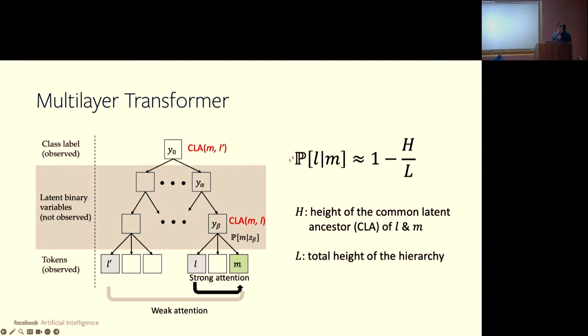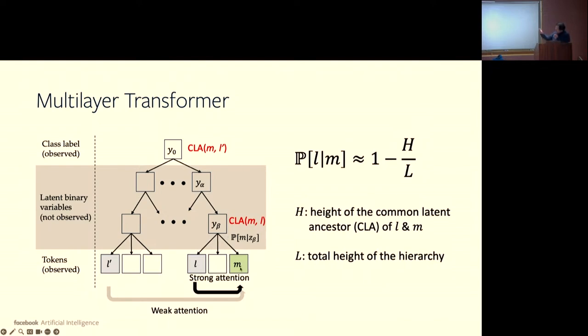Here is an equation that characterizes this behavior. H is the height of the common latent ancestor of these two tokens, L and M, right? For this L and M, their common latent ancestor height H is 1, which is very small, so if you plug this in, this is approximately 1.